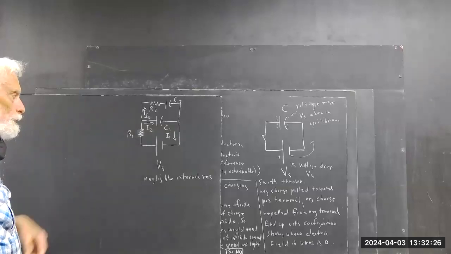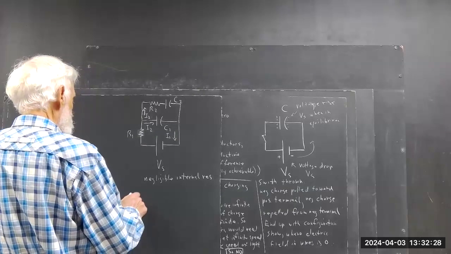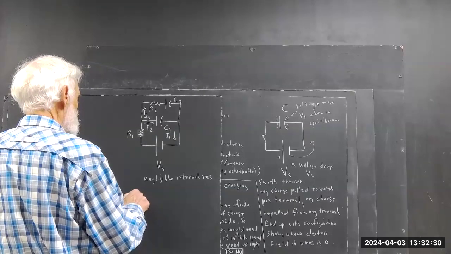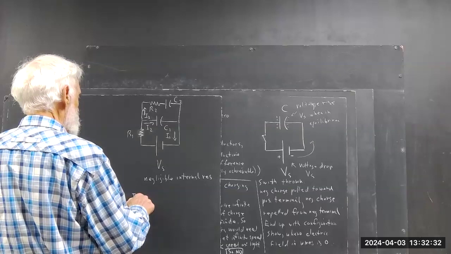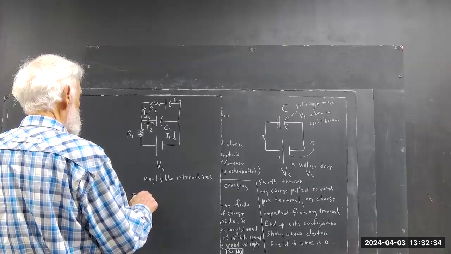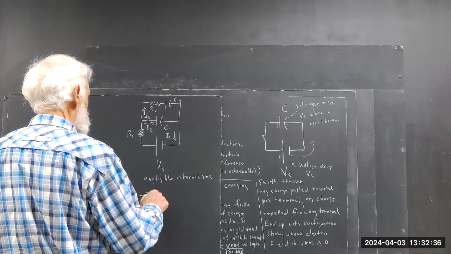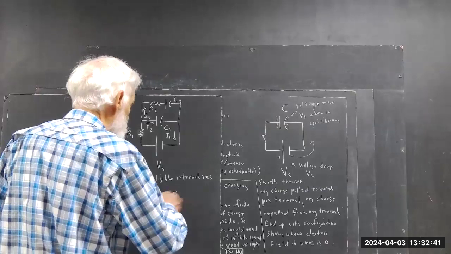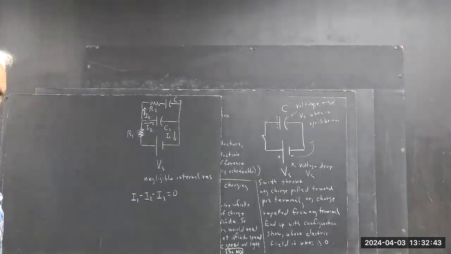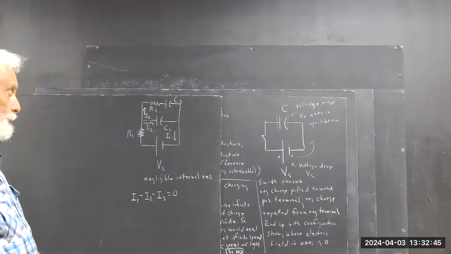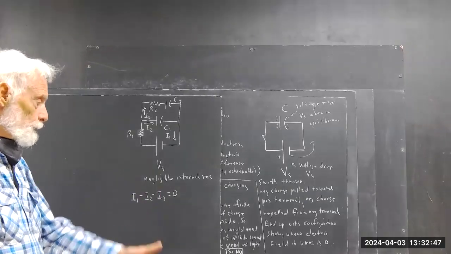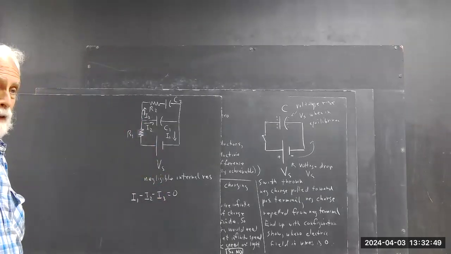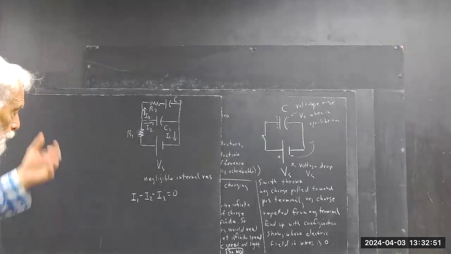Okay, so if we use Kirchhoff's laws here, first of all, it's pretty clear that I1 minus I2 minus I3 equals 0. Usually I write these in an equals 0 format, but if you write I1 equals I2 plus I3, that's okay.